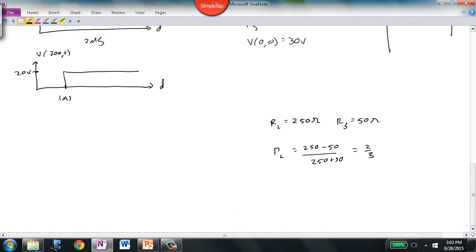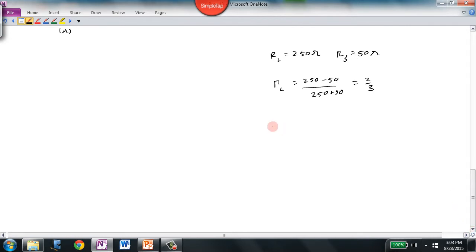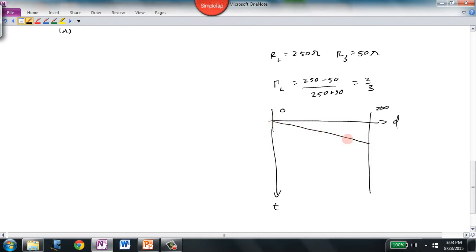If we translate that into a bounce diagram, this is 0, this is 200 meters, this is distance, this is time. We've got an initial voltage wave of 30 volts.